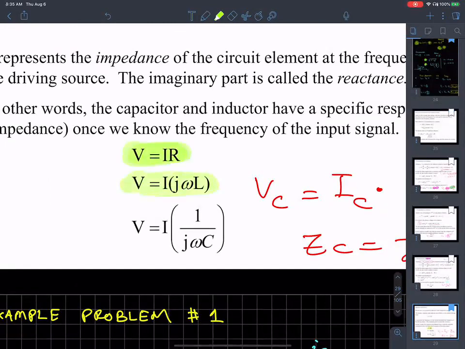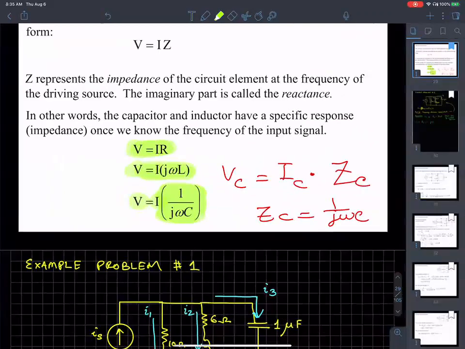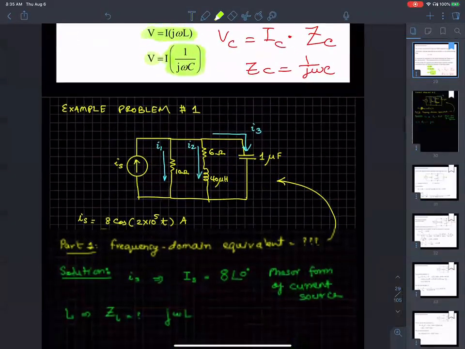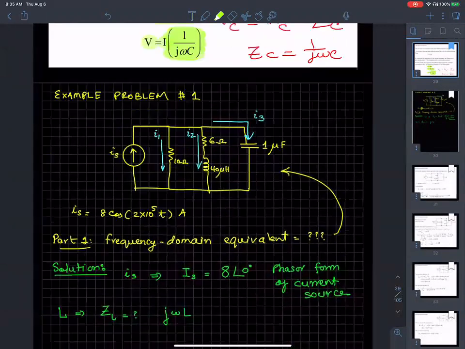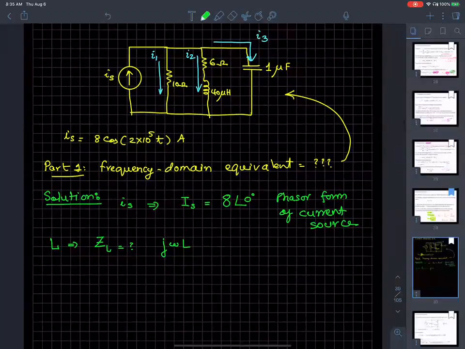For an inductor, I times j omega L. For a capacitance, I over j omega C. That was the capacitive impedance, sorry. So for an inductor, the inductive impedance is j omega L.